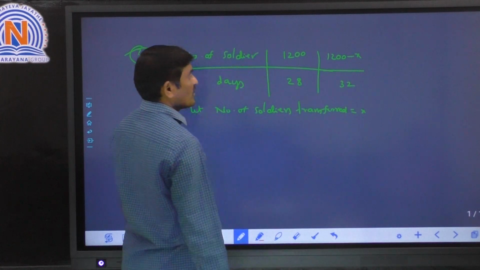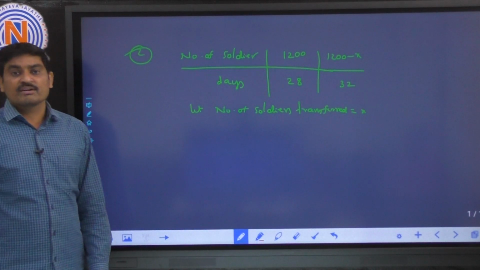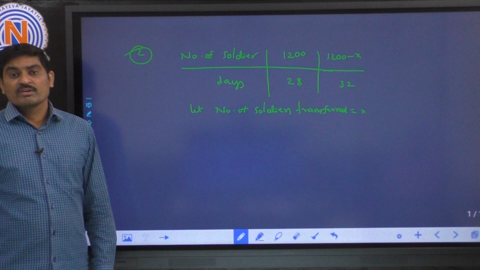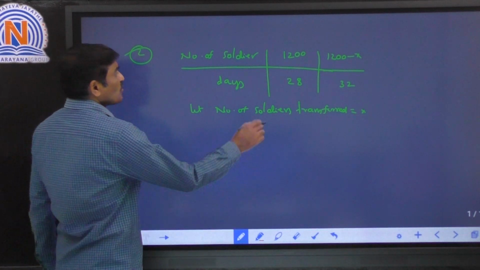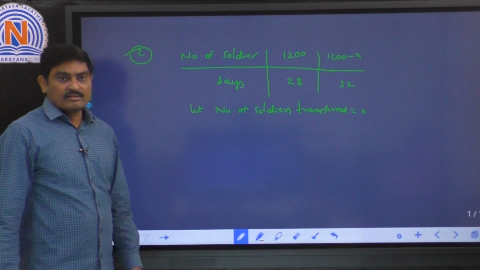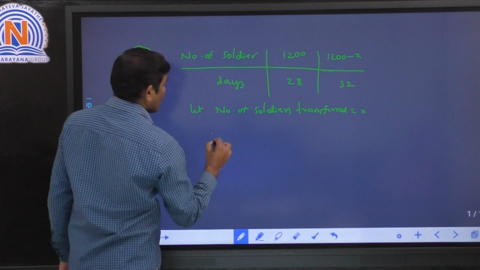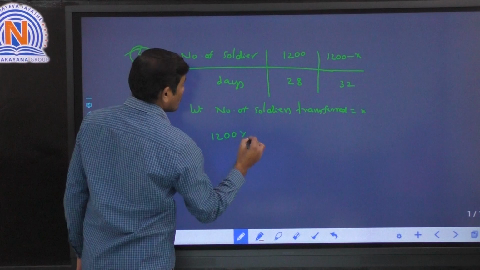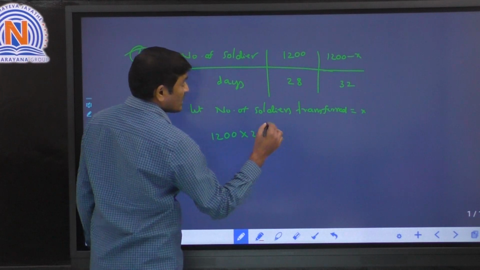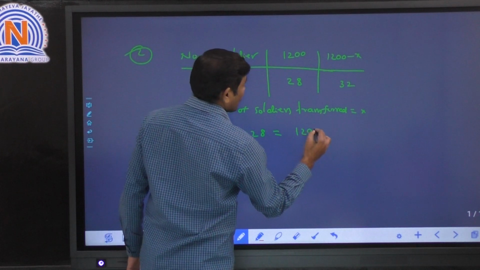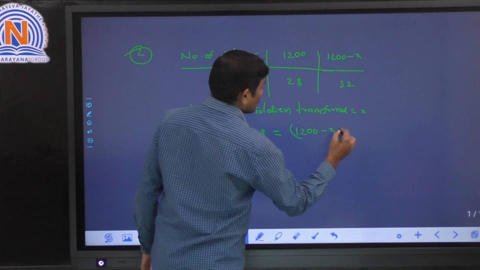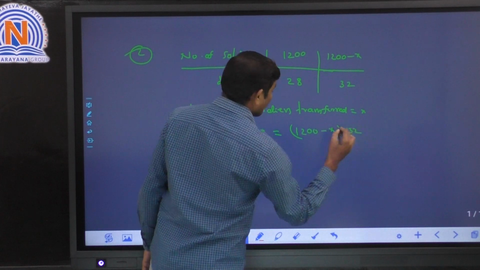So now these two quantities are said to be in inverse variation. Then we can write 1200 into 28 is equal to 1200 minus x into 32.